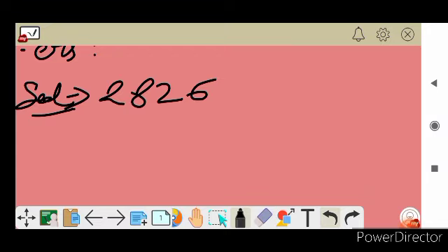We only use the unit digit of the given number. So the unit digit is 6.